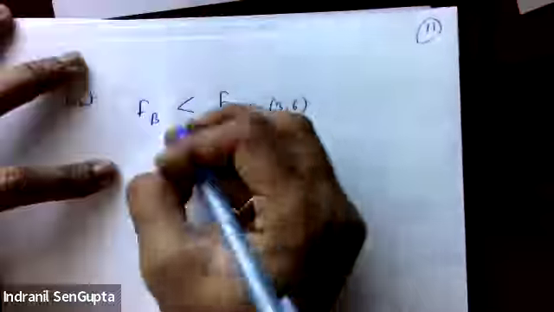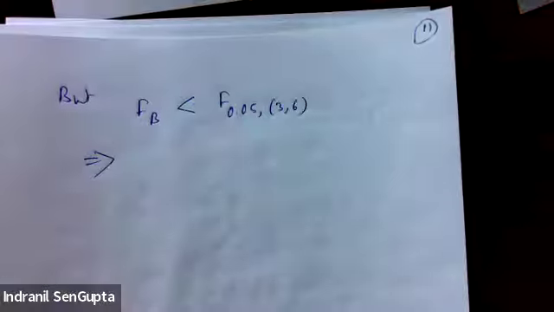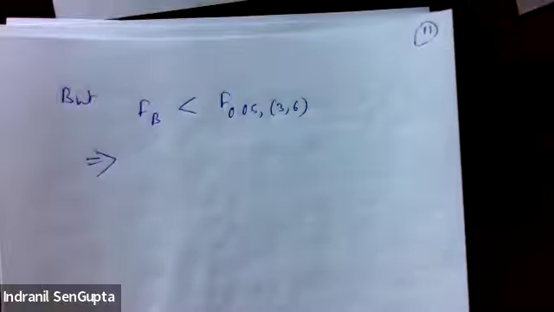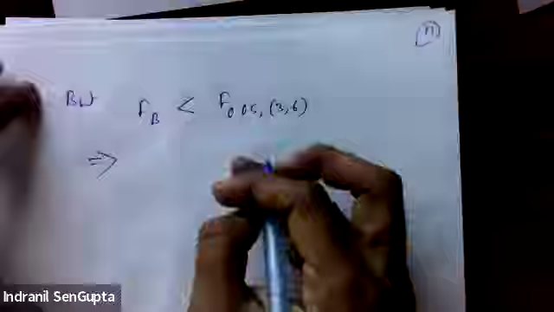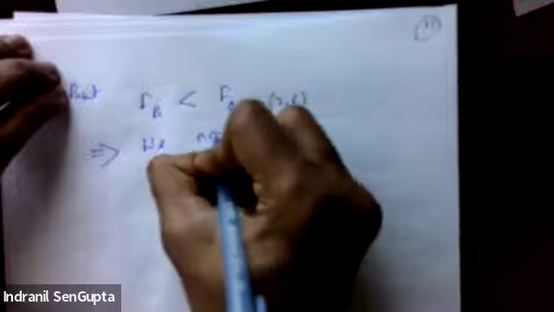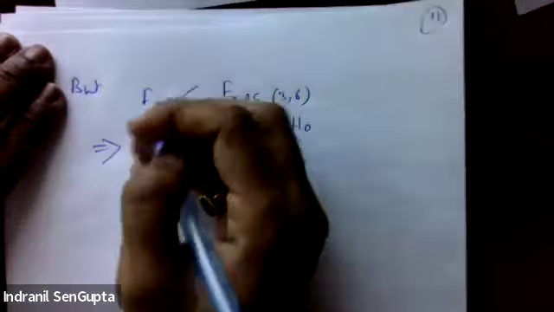Therefore, it's not a significant difference at the 5% level. So we accept H0, or we fail to reject H0.